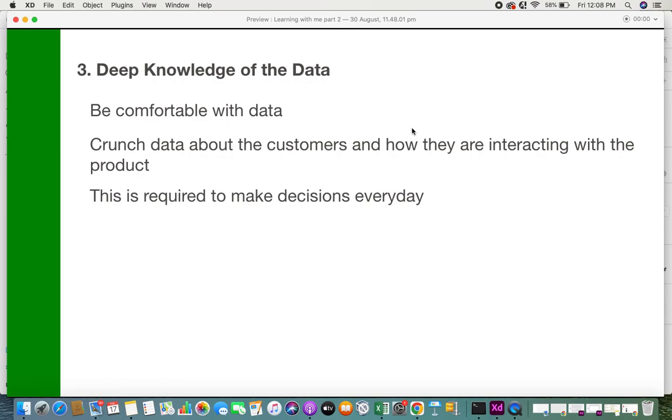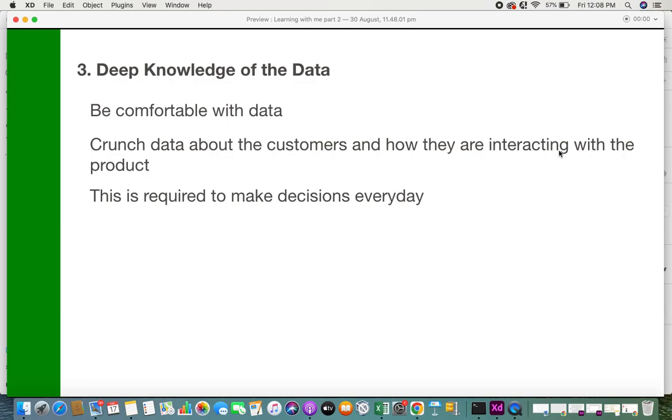So it goes without saying that product managers need to start getting comfortable with data, and they need to crunch that data about the customers and products and how they are interacting with products. Why do they have to do that?